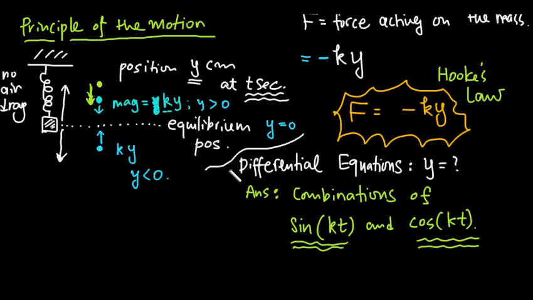But what's interesting in the differential equation course is that this is the only function we have discovered that satisfies the statement. This is the only function in the whole world, and we can guarantee that. There's no other possibility than sine kt and cosine kt.